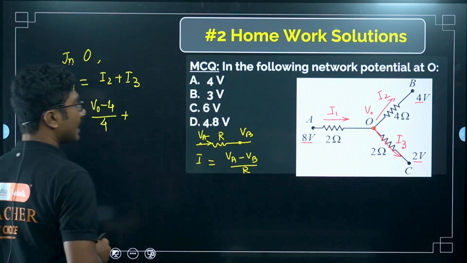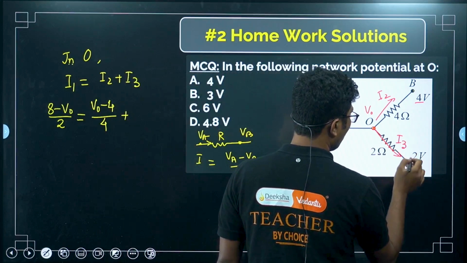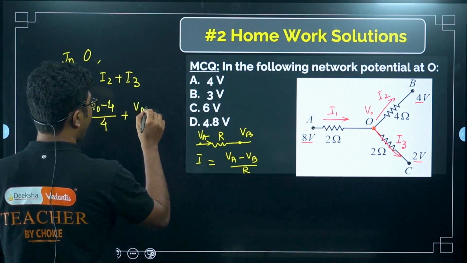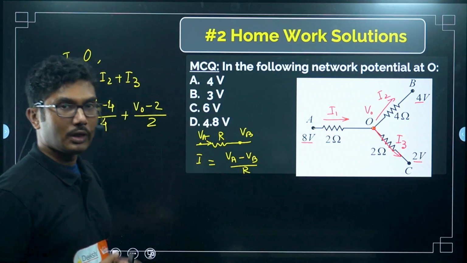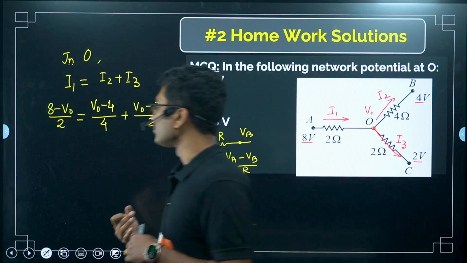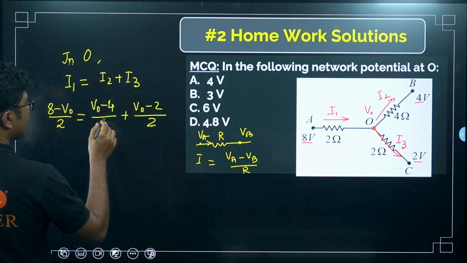It is a little trick that you need to learn. Here to here current is flowing from O to C. So VO minus 2 divided by 2. These are the specific tricks that you have to learn to solve specific problems. Now if you see, there is 2, there is 4, there is 2. So the largest number is 4.